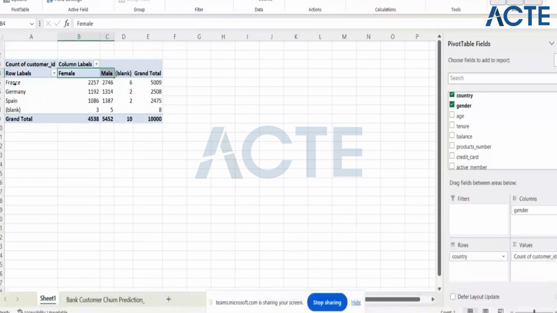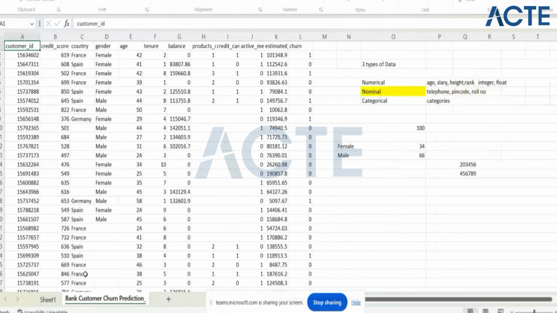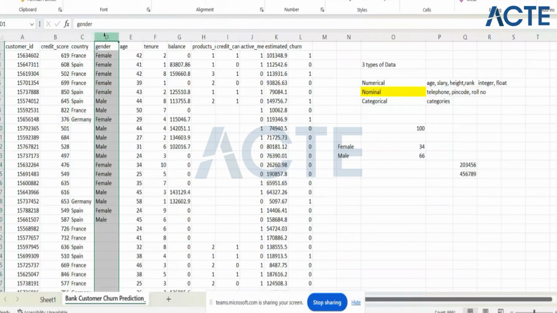For France, Germany, Spain, what is the male to female ratio? Total is 5,009, and within this 5,009, how many of them are male and how many are female, right? So basically, these two are dividing your data into two different categories. So here country and gender are known as categorical data. Understood?